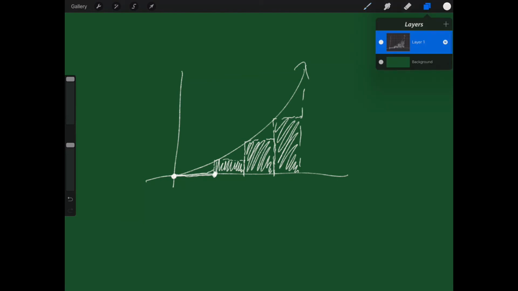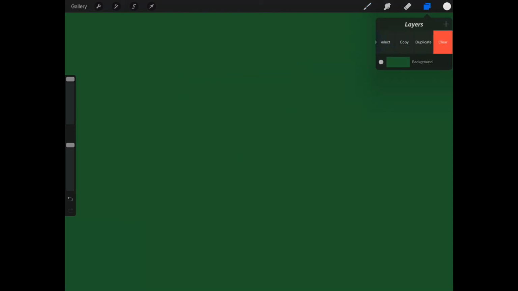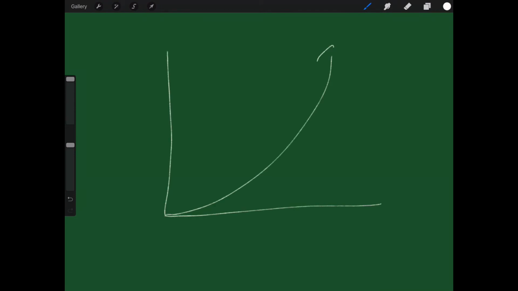Now, what if I wanted to get even closer? What I could do is, let's draw again. Here's my parabola. Here's 1. And instead of breaking it up into 4 pieces like I did before, what if I broke it up into 8 pieces? And now, let's say that we have some rectangles here.